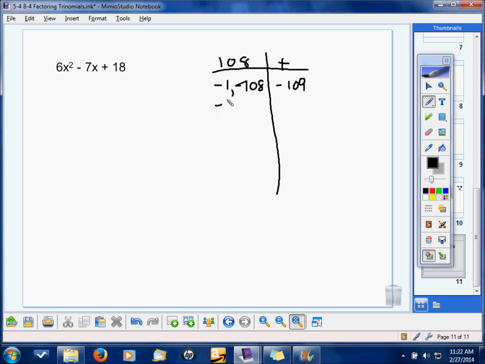Okay, negative 2, negative 54. Okay, now you'll take your time on your calculator to be able to do these. If you're not doing this as quickly in your head, don't worry about it. 3, negative 36. Now we are kind of closing in a little bit. Negative 39. Then we have negative 4 goes with negative 27.